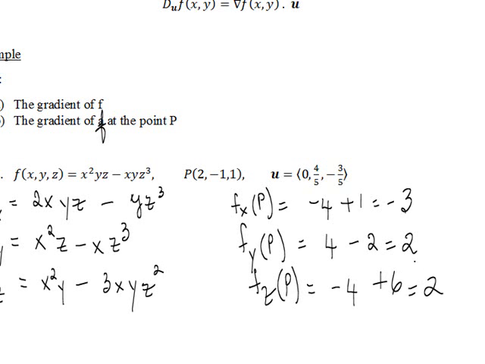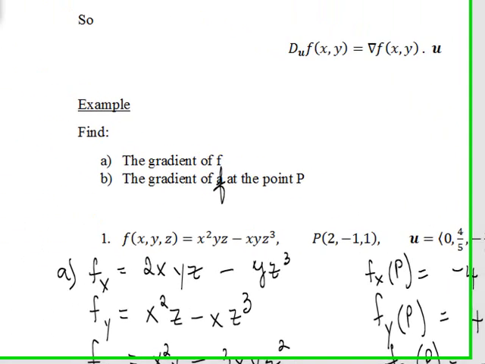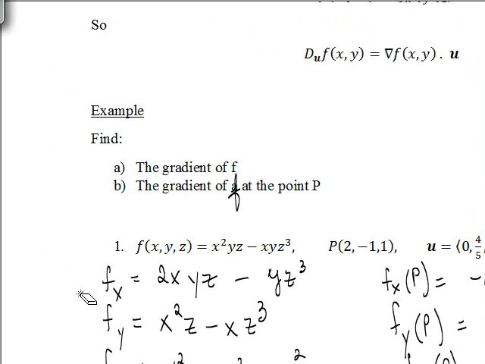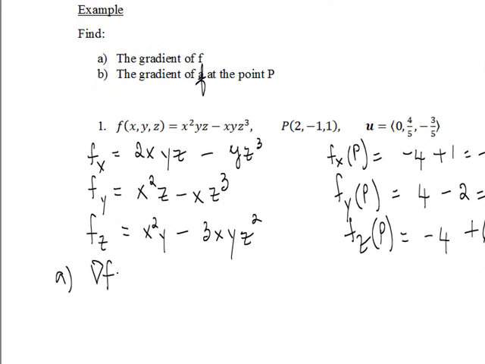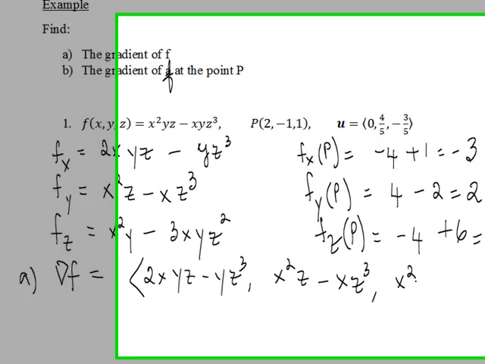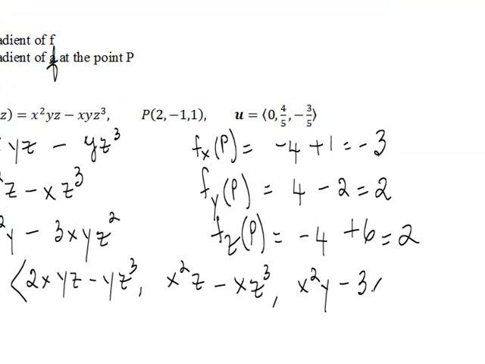So part A is asking you for del F, so you just put all the partials as a vector, so that's 2xyz minus yz cubed, comma, x squared z minus xz cubed, comma, x squared y minus 3xyz squared.